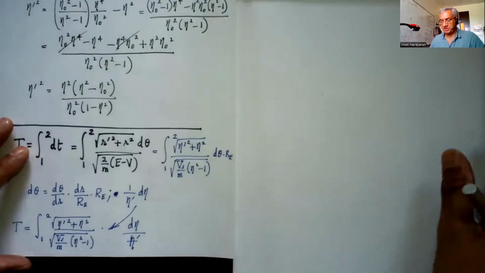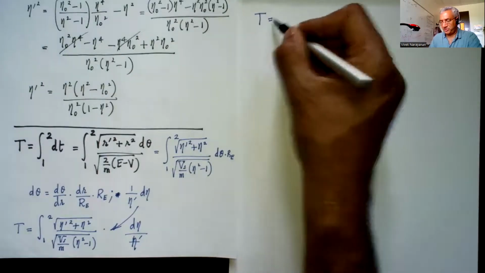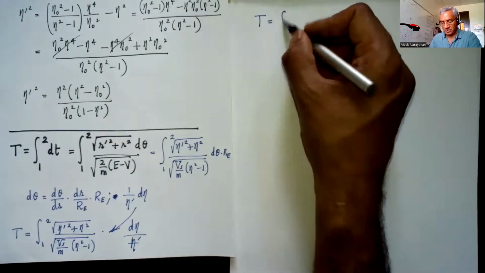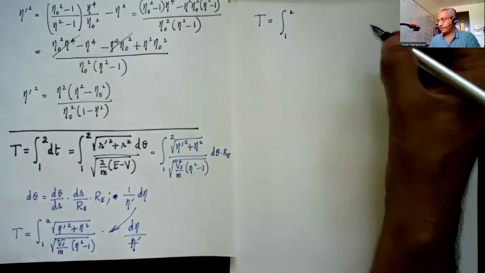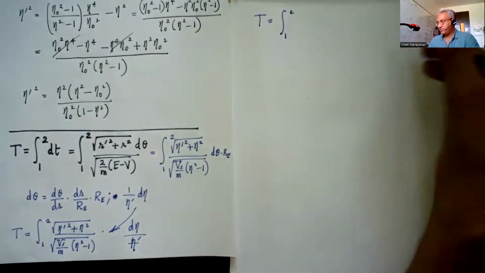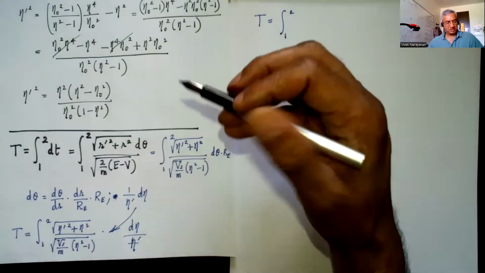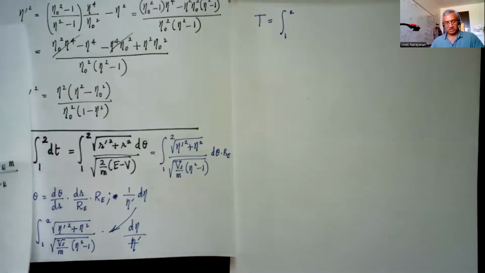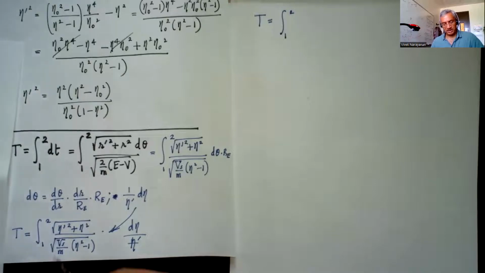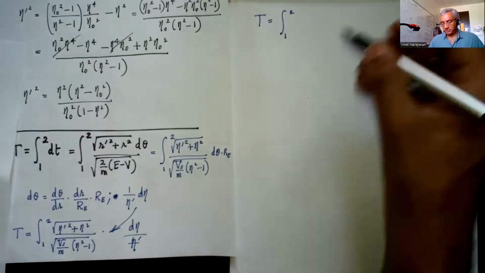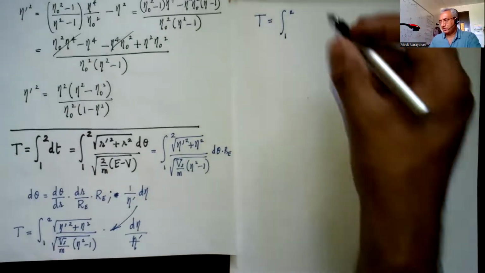The time t is equal to the integral from 1 to 2. The square root of v sub s over m is without the negative sign, so it can be taken out.